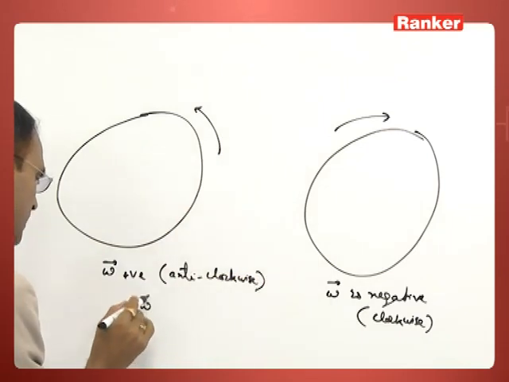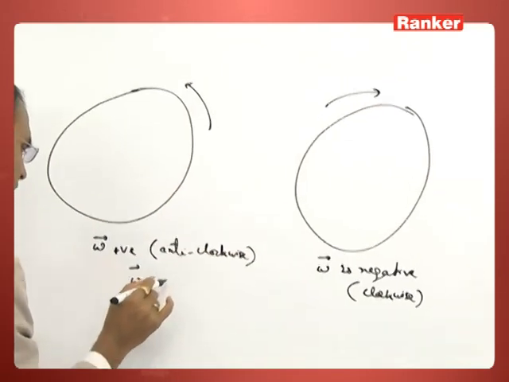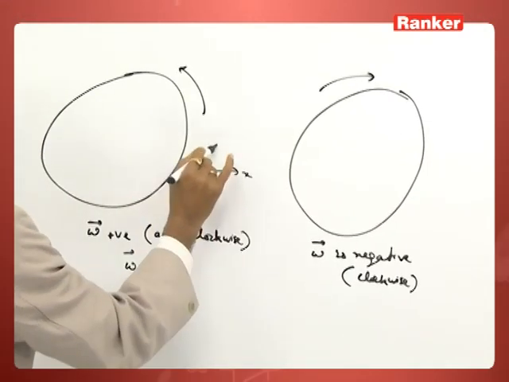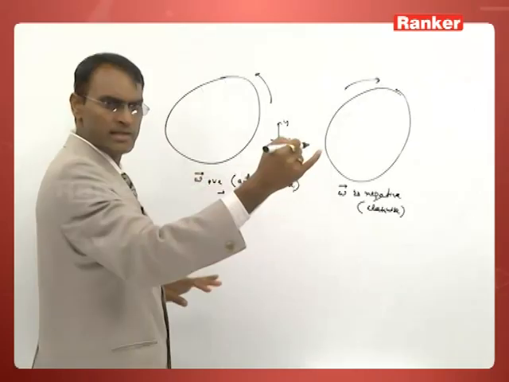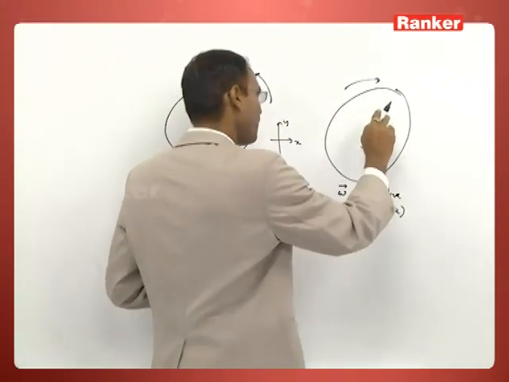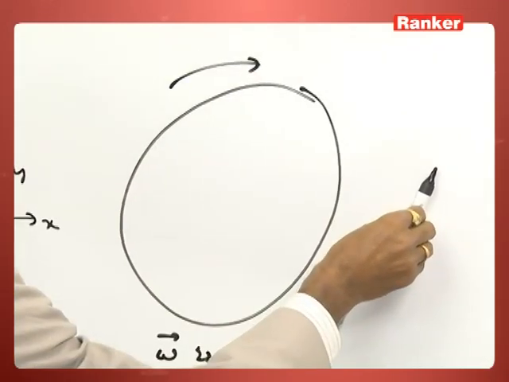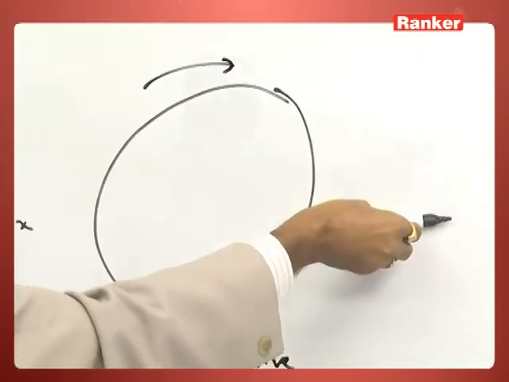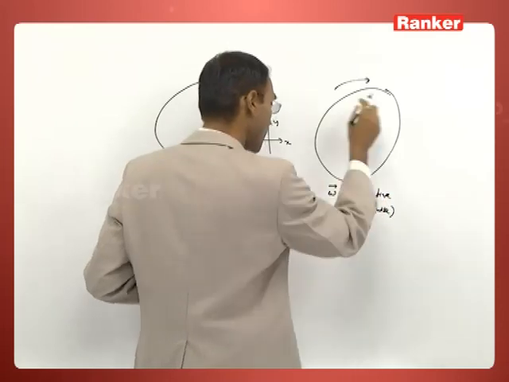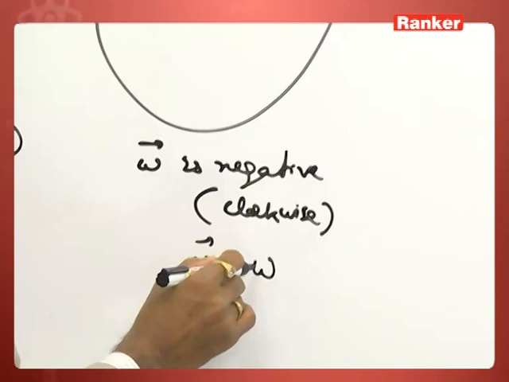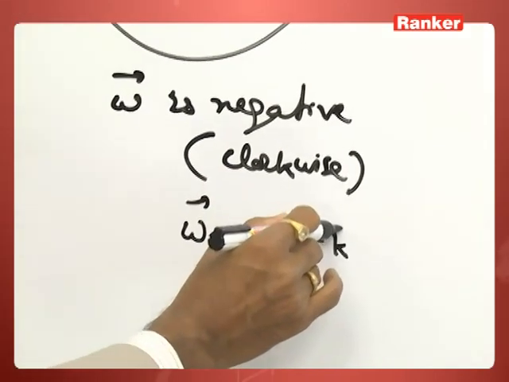In that sense, we can write the angular velocity vector equal to omega k cap direction. If this is the x direction, this is the y direction, this will be the z direction. If this rigid body, particularly this pen, rotates in this way, this is called clockwise rotation, or you can write omega vector equal to omega into minus k cap.